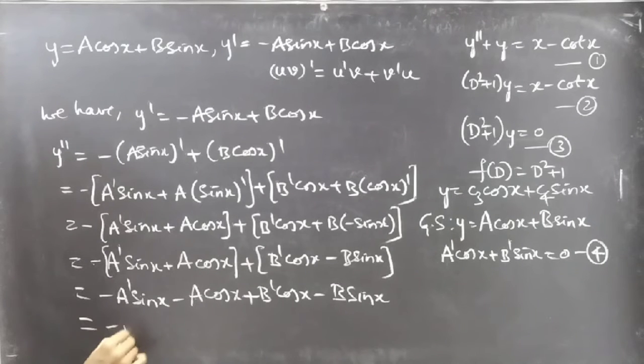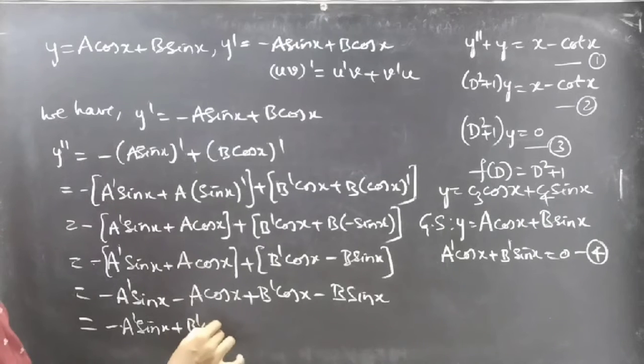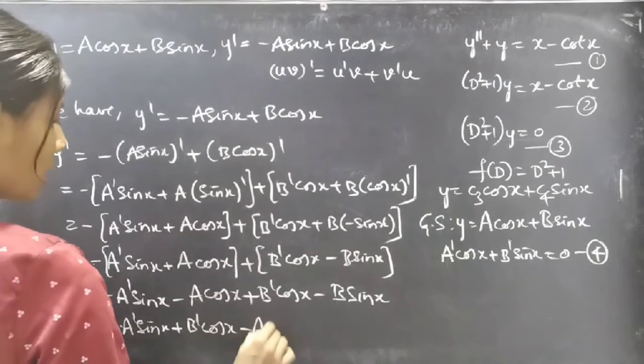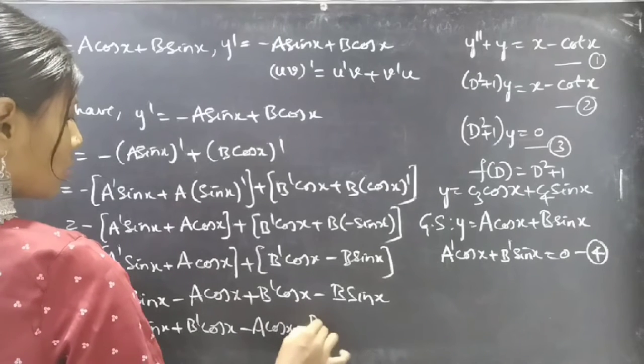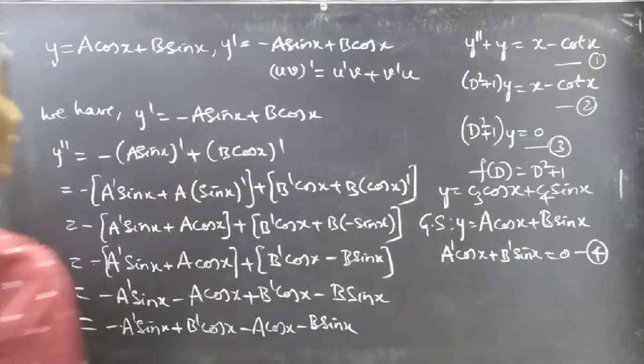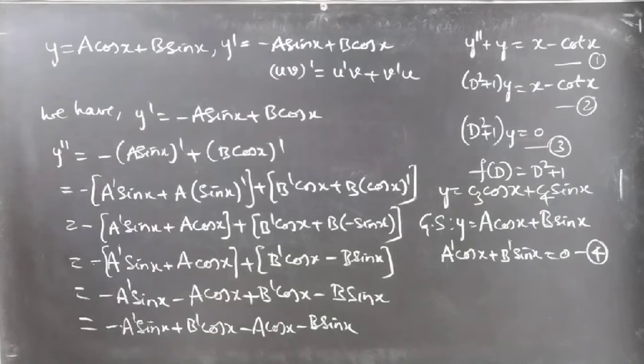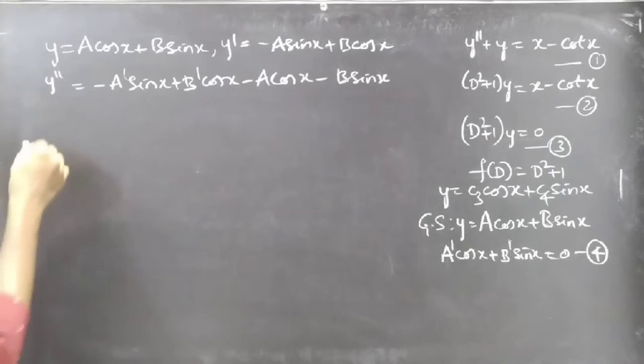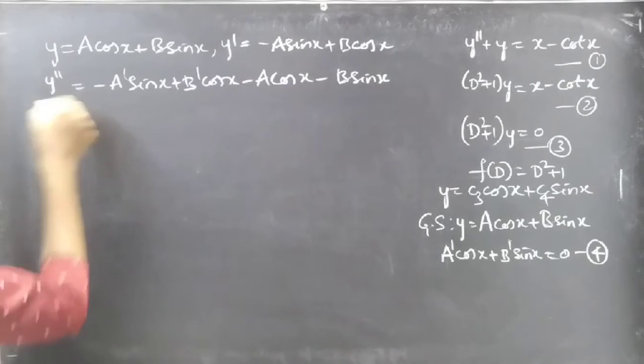Firstly, we'll have minus a dash sin x plus b dash cos x. Now write the remaining terms: minus a cos x minus b sin x. So we got y double dash. We got y dash and y double dash.